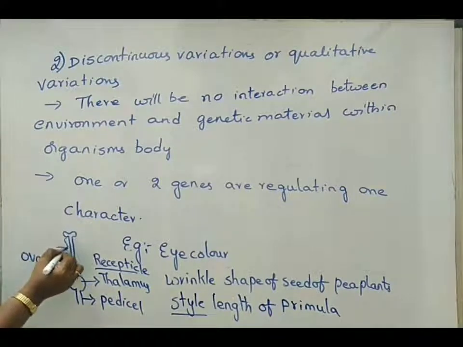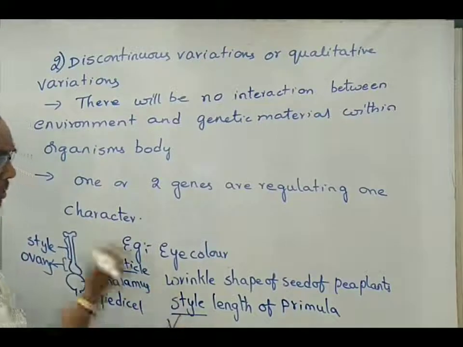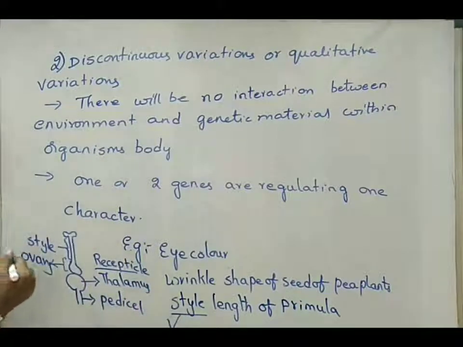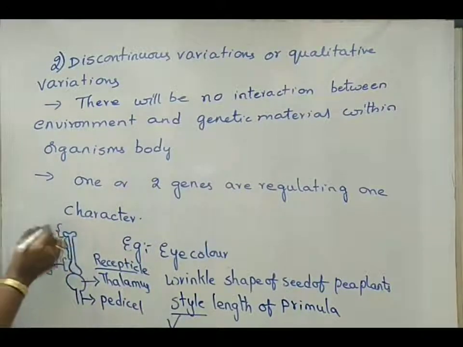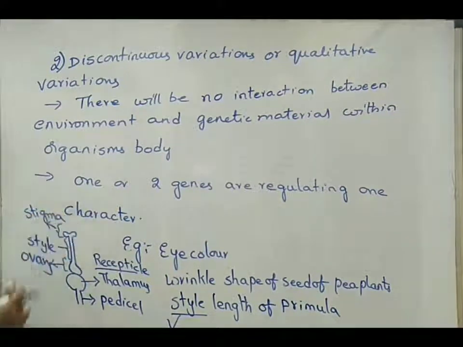This long one is called as style. So here our example is about style length in primula plant. This terminal part is called as stigma. So these are few different terms. Next we will continue with another different term, that is allele and also homozygous allele.